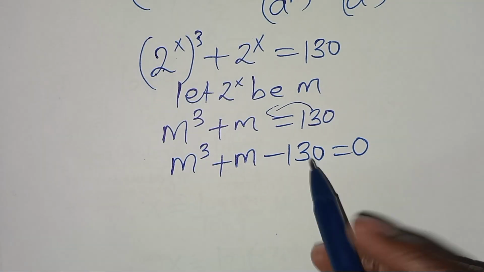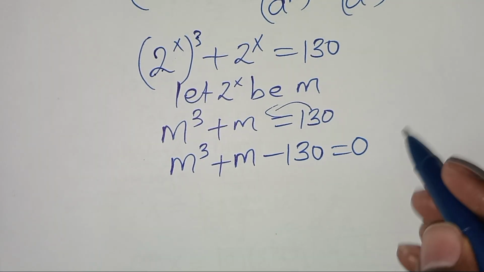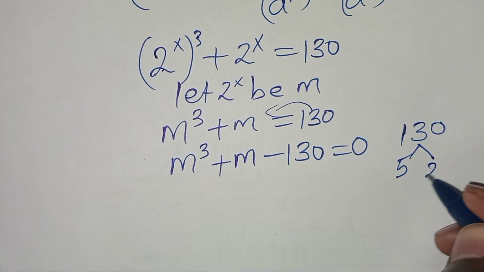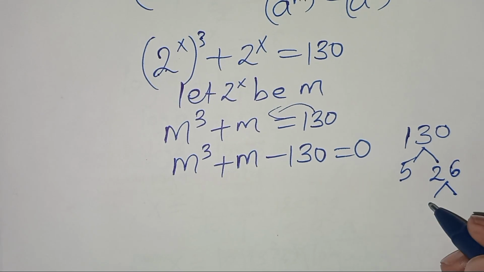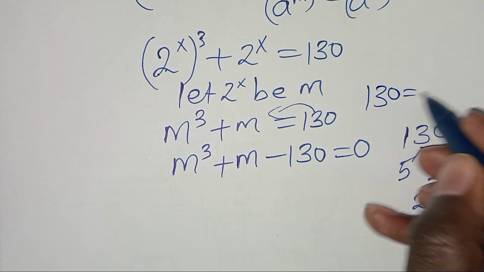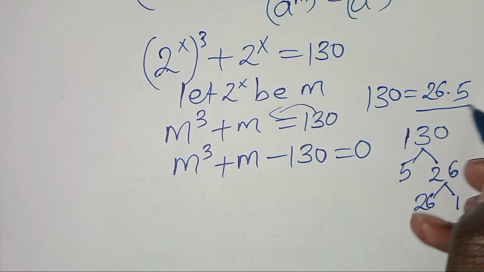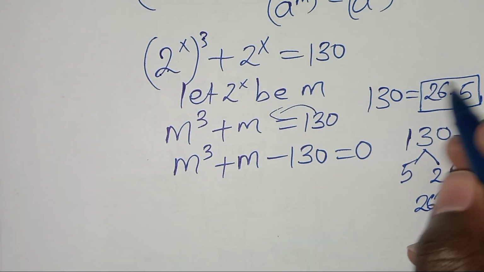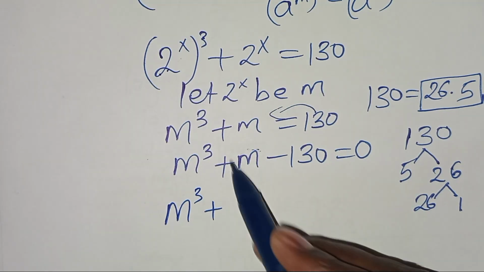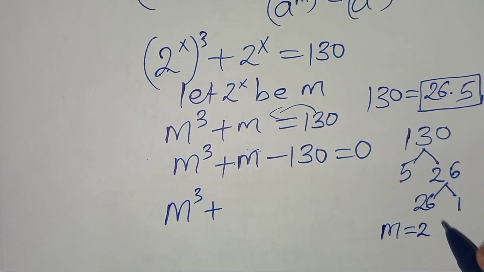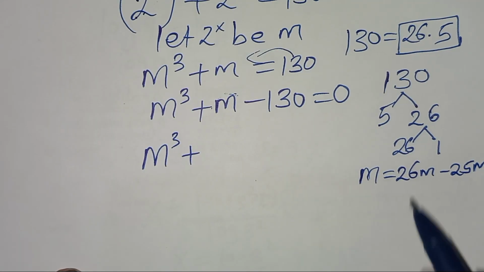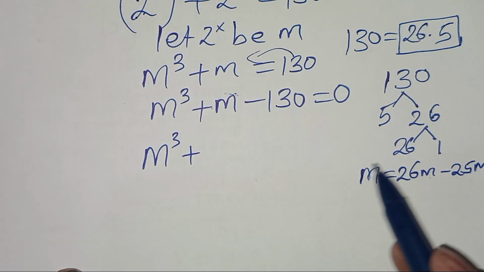Now we can express 130 like this: 130 divided by 5 is equal to 26, so 130 is the same thing as 26 multiplied by 5. Having this in mind, we can express m as 26m subtract 25m, since 26m minus 25m is the same thing as m.